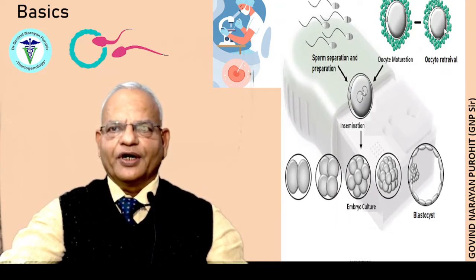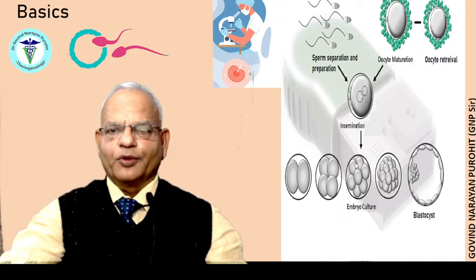Because the follicular oocytes in most domestic mammalian species are immature, they are put to in vitro maturation. After maturation, the oocytes are fertilized with prepared sperms and then put to culture for a period of 7 days when they develop into blastocysts. Then they can be used for the purpose that one intends.